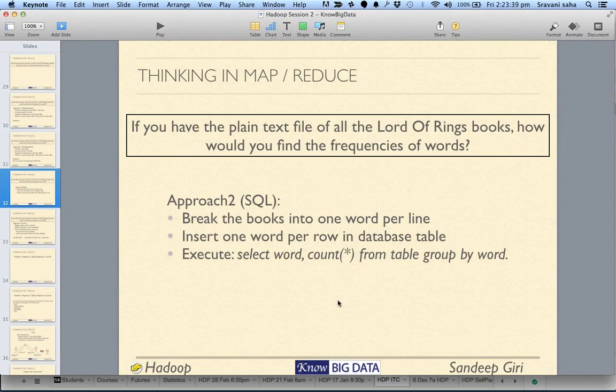What we have done is we have taken each word from the database and then did a group by for that word and then counted it. Take a note of it because the group by is the very closest syntax to the map and reduce.